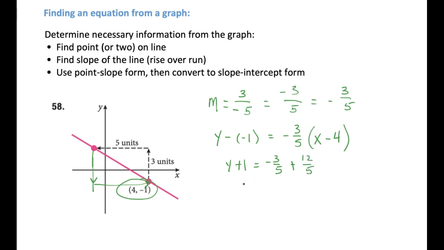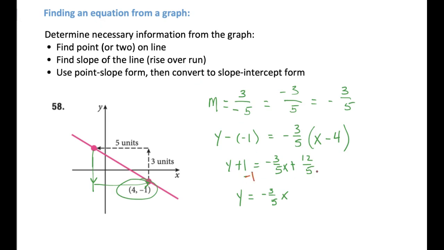Now we need to subtract 1 from both sides, so we get y equals, sorry I forgot an x here, negative 3/5 x plus 12/5. And now we need to subtract 1 from both sides, and we get negative 3/5 x. And we're going to say minus 1, and I'm going to do that in red so you can tell what I'm doing here.